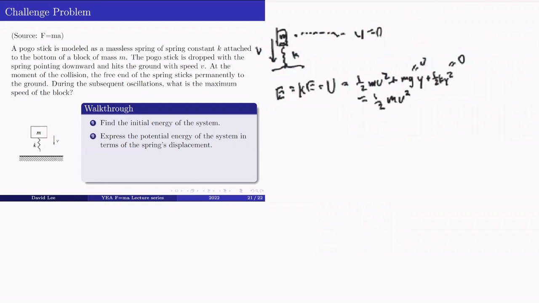Express the potential energy of the system in terms of the spring's displacement. This shouldn't be too hard either. I'll give you a few minutes to think about this.